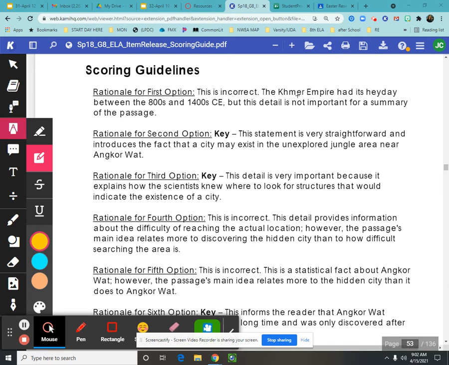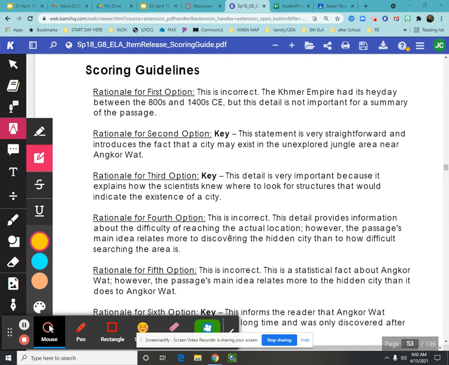So 1 is incorrect because the Khmer Empire had its heyday between the 800s and the 1400s CE, but the detail is not important for a summary of this passage. Details don't belong in a summary. It's more of a vague overview. Keep that in mind. 4 is incorrect.